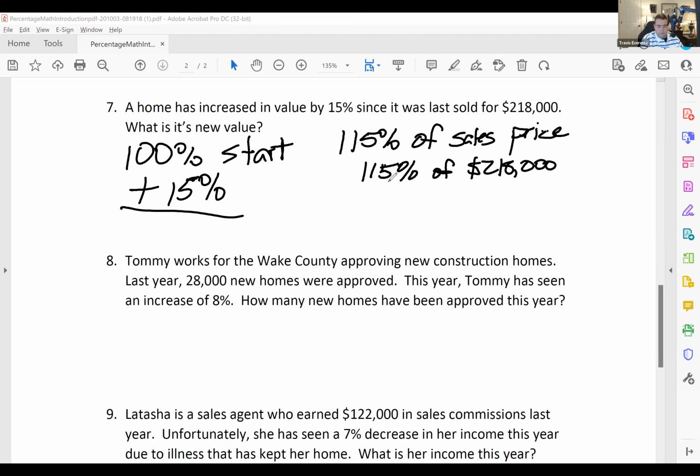And we know with our little coping tricks, 115% is just 115 divided by 100. Notice it didn't change.